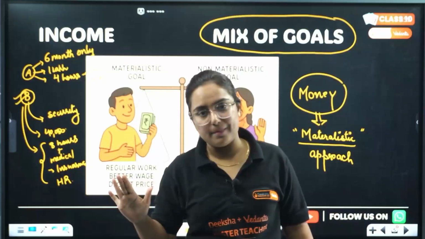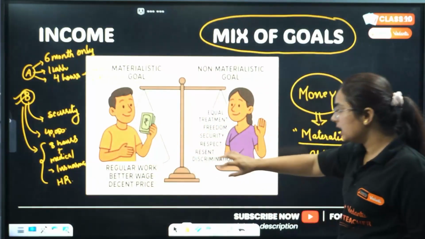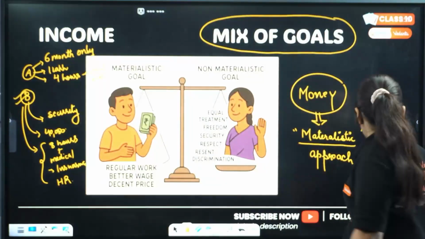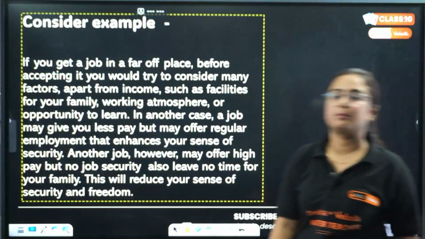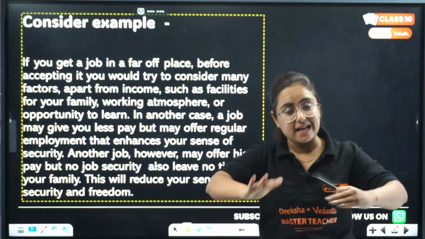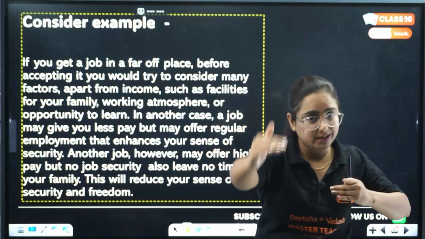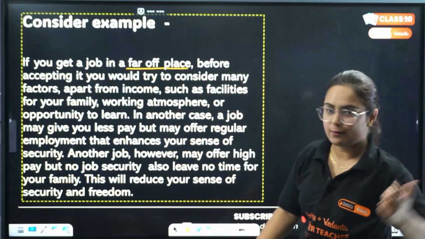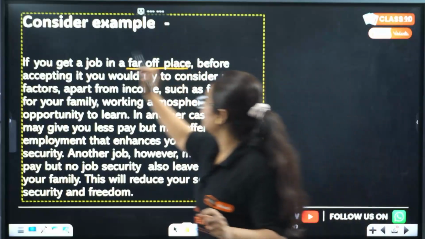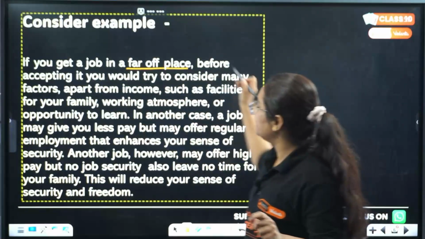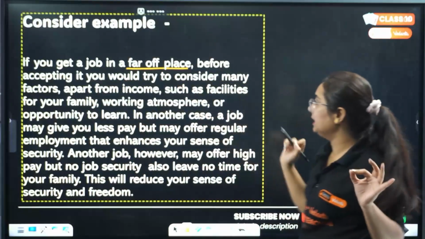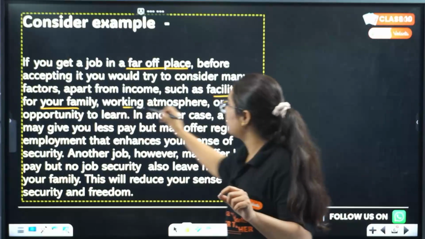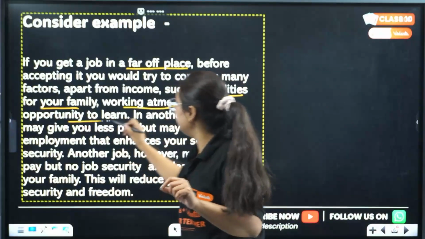Fine? Getting my point? So if you want to work, you will need money as well as other factors which are listed here. We will understand this with a good example written in NCERT. If you get a job in a far off place, before accepting it, you would consider many factors apart from income, such as facilities for your family, working atmosphere, the opportunity to learn.